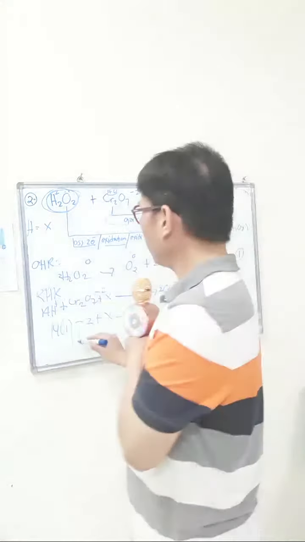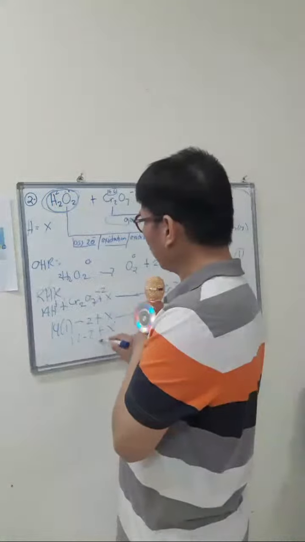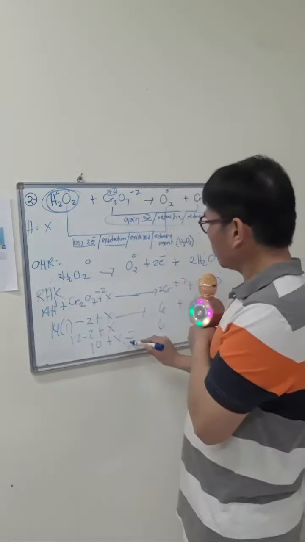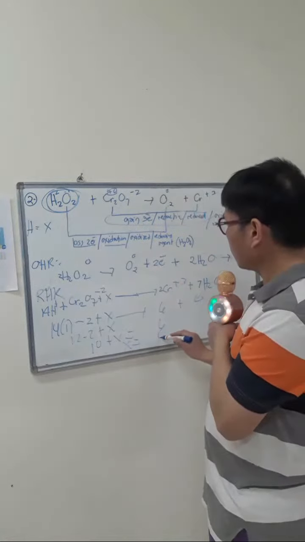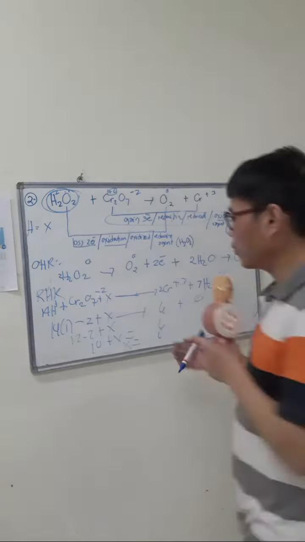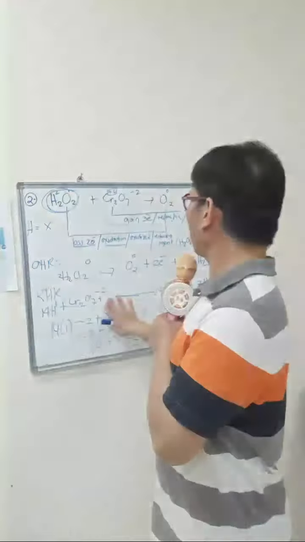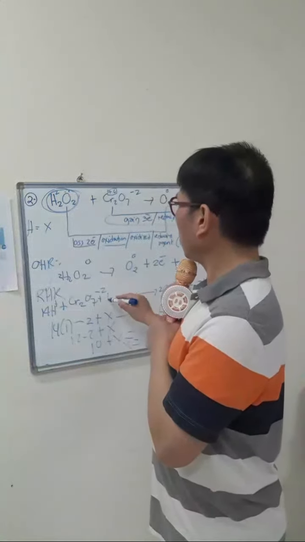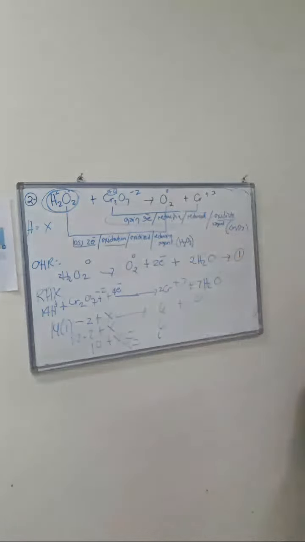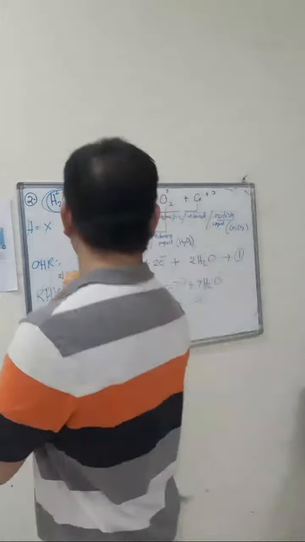Then 14 minus 2, mga palangga, is 12. 12 plus X is equals to 6. X is equals to 6 minus 12, is equals to negative 6, right? Okay, 6 electrons. Okay, here, 6 electrons. Okay, ganon. Di ba mga palangga kong hitad? Okay, kaloka.